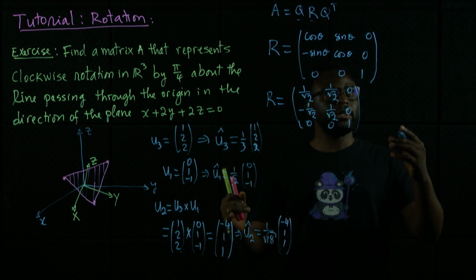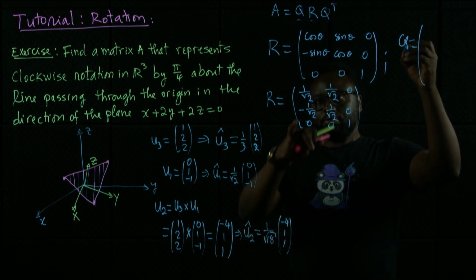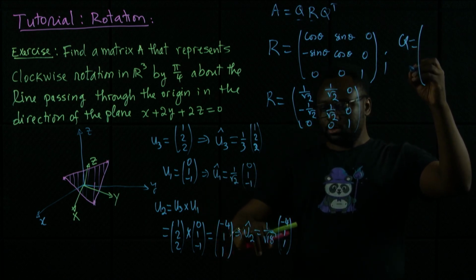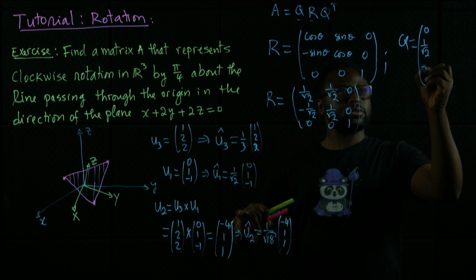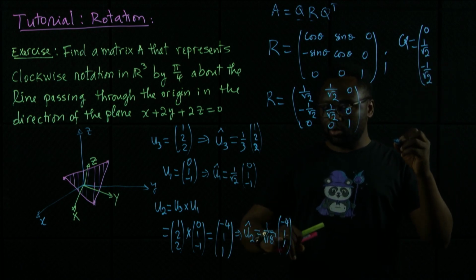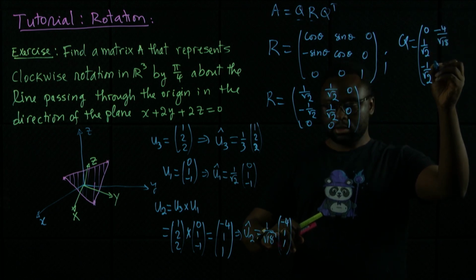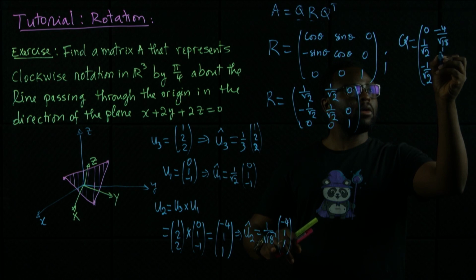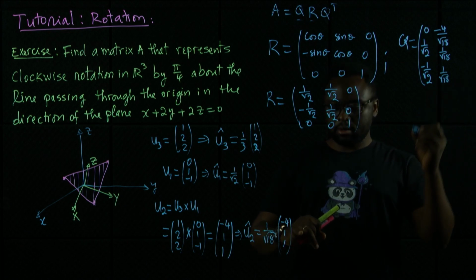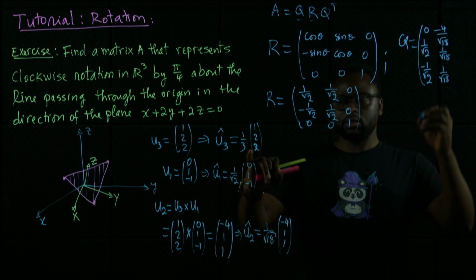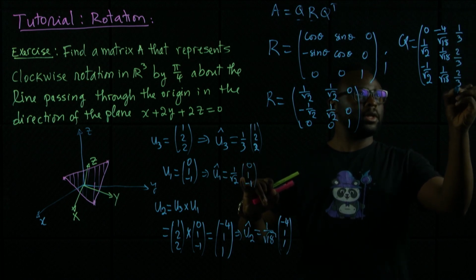Then we can write down the orthogonal matrix Q. The first column is u1: 0, 1 over root 2, and minus 1 over root 2. The second is u2: minus 4 over root 18, 1 over root 18, and 1 over root 18. The third vector is 1 over 3, 2 over 3, and 2 over 3.